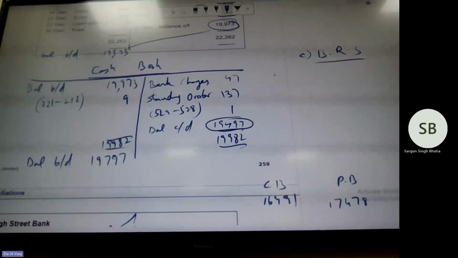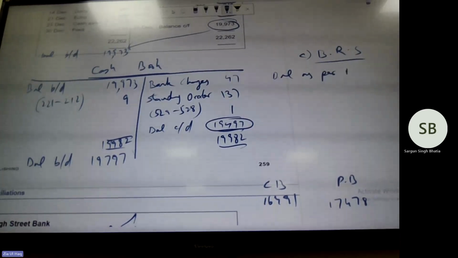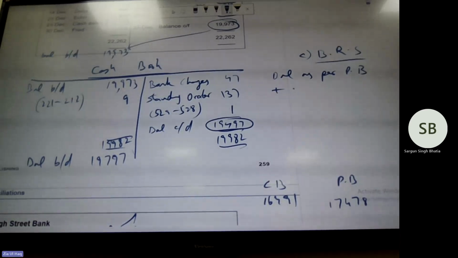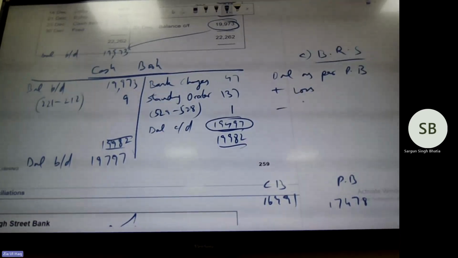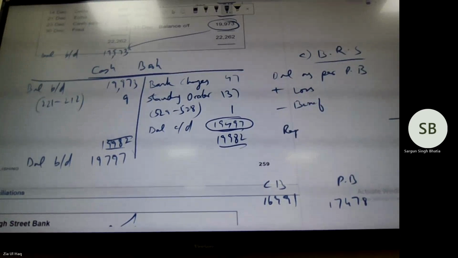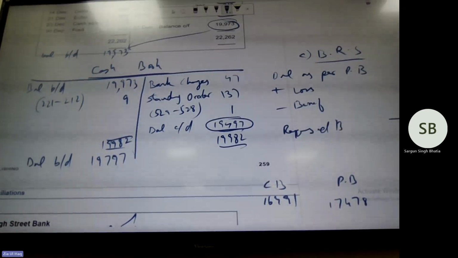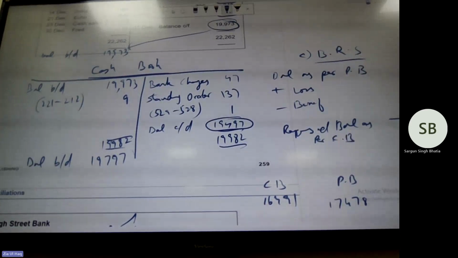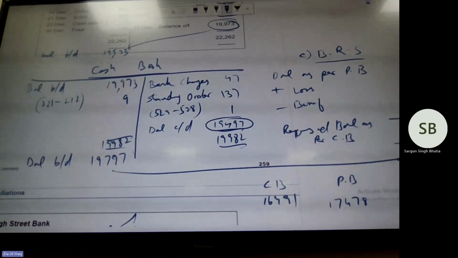We record the balance as per passbook, and we add losses and deduct benefits, and we will arrive at the revised balance as per cash book, and this should be the balance here. See how it appears.